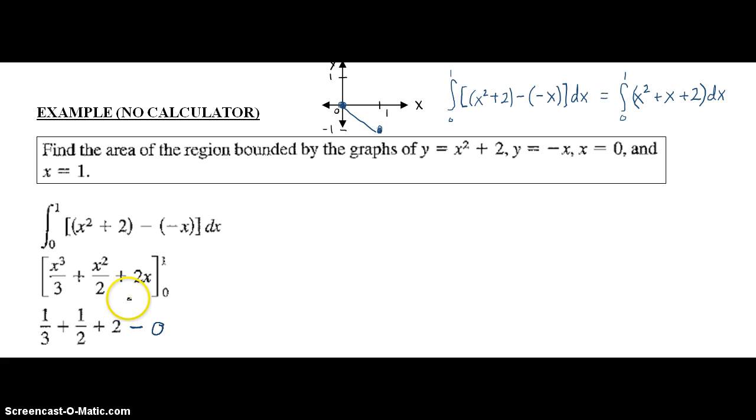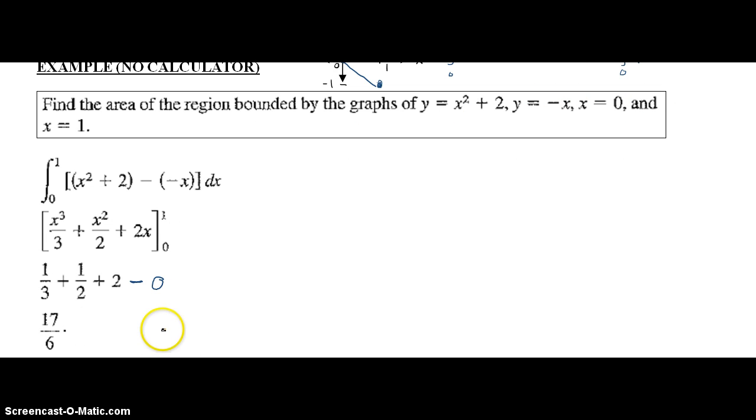And then I would simplify these, get a common denominator. That would be 6. So 1/3 would become 2/6, 1/2 would become 3/6, and 2 would become 12/6. So 2/6 plus 3/6 plus 12/6 is 17/6, and there's our final answer.